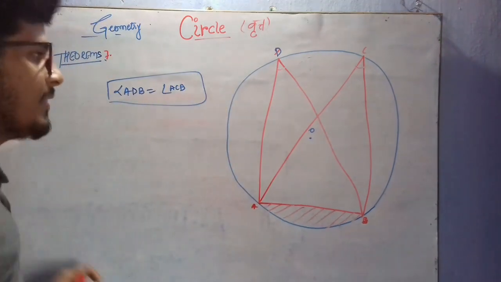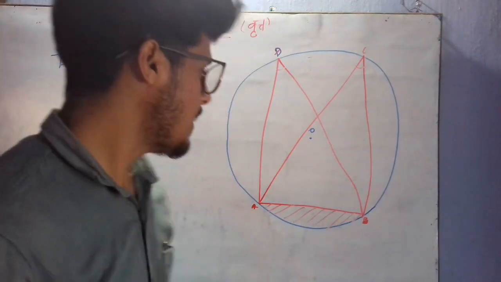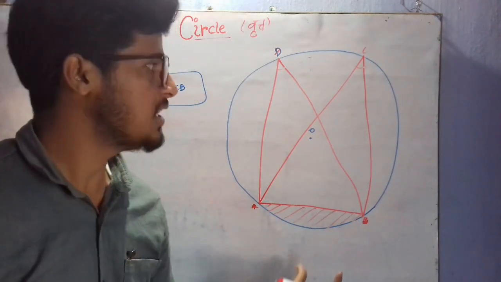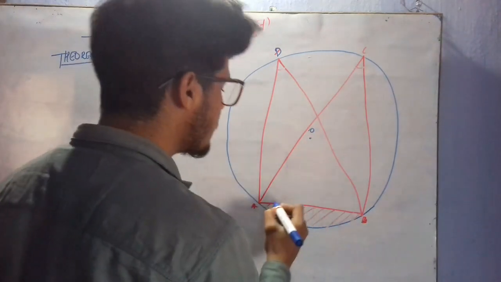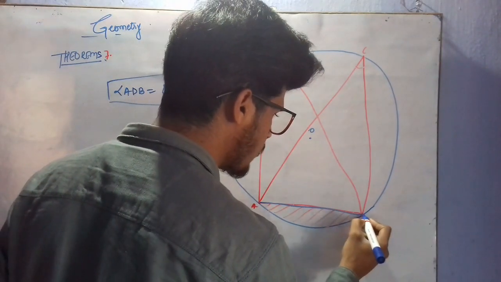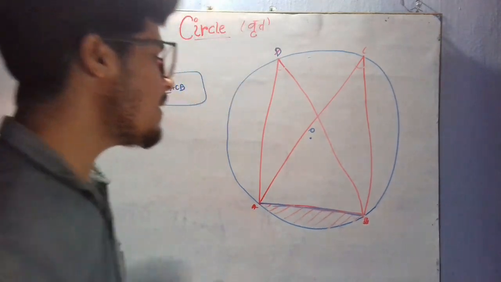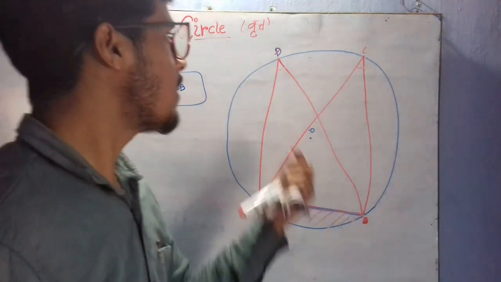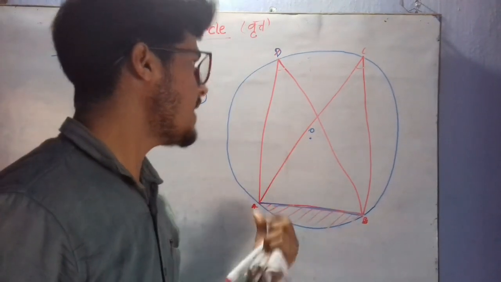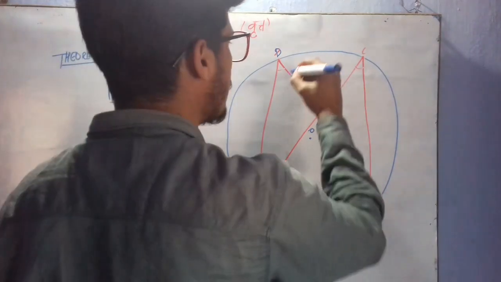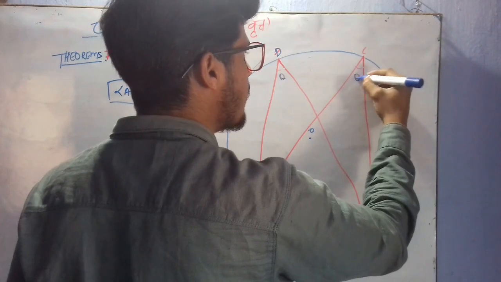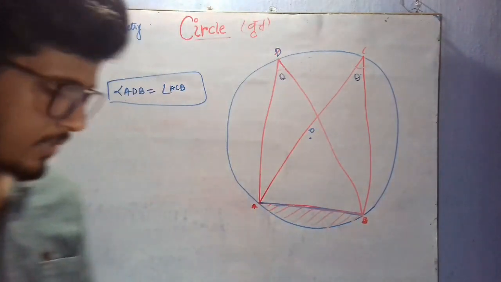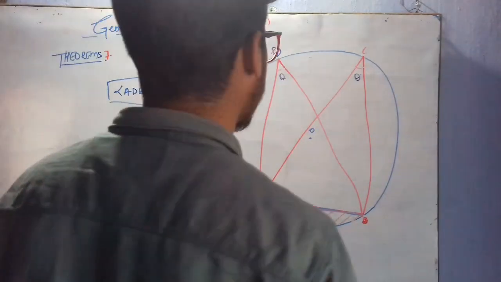I repeat that angles formed in the same segment are always equal. So both have the same base AB. AB is the segment, and over it angle ADB and angle ACB are formed. In such a way angle ADB and angle ACB will have equal values, right? Let's take an example.